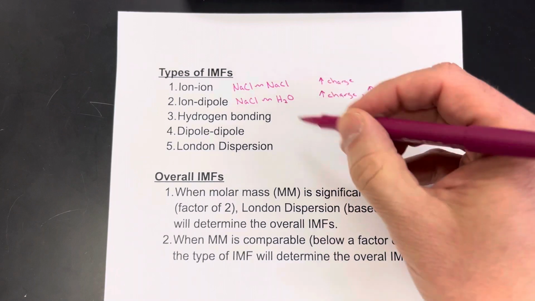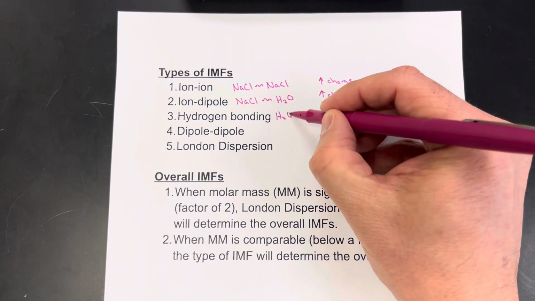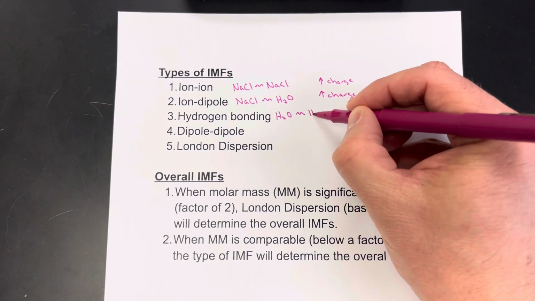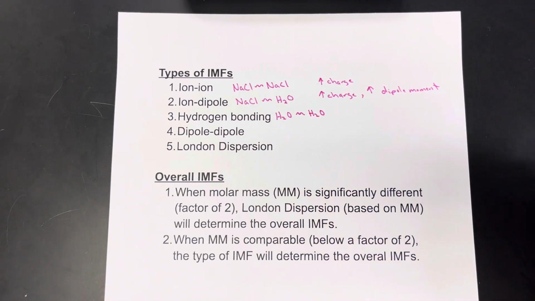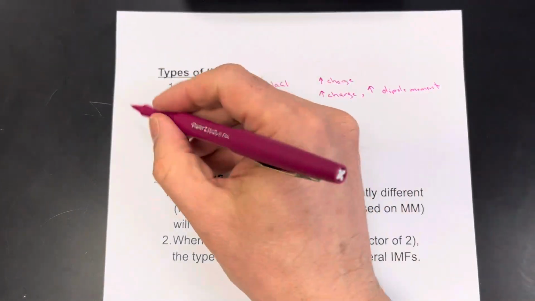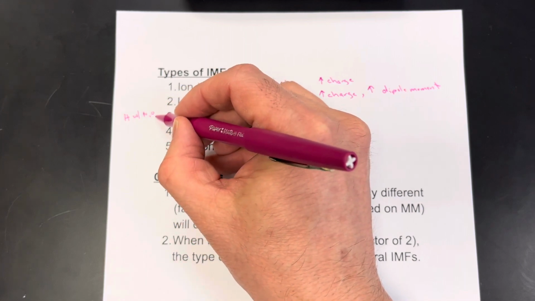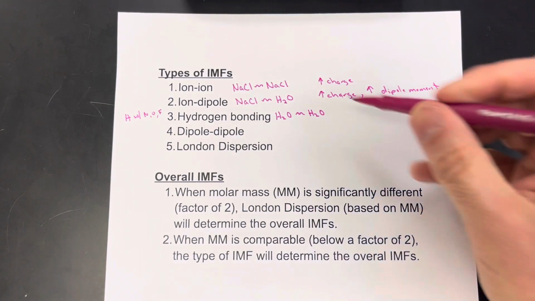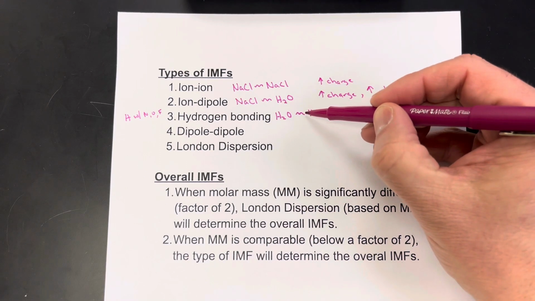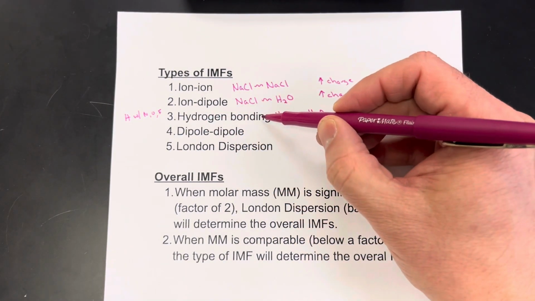Hydrogen bonding would be like water interacting with water. Remember, to have hydrogen bonding, you have to have hydrogen bonded with either nitrogen, oxygen, or fluorine. So the interaction in between the molecules is actually what we call hydrogen bonding.